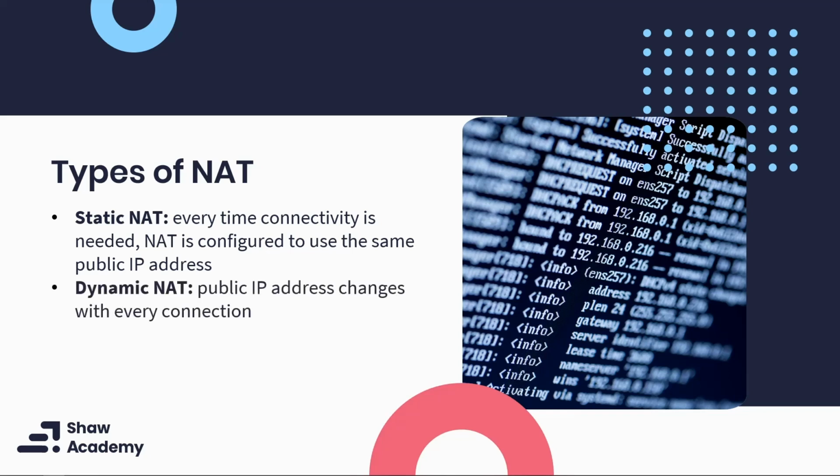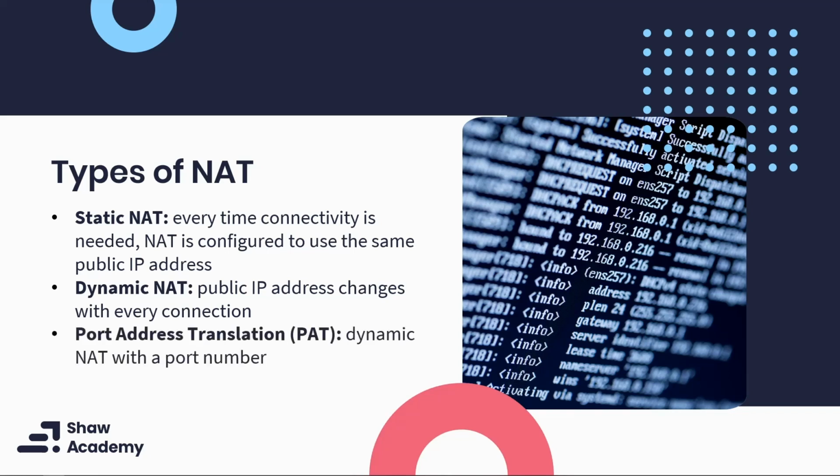The public IP address changes every time a connection from the LAN to the WAN occurs. These are usually practiced in a big organization where security is vital. And then we have port address translation, PAT. This is a form of dynamic NAT, but a port number is associated with the IP address for identification reasons.